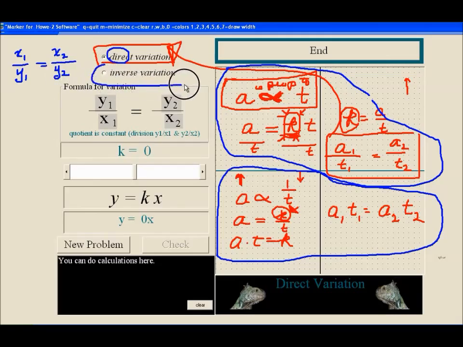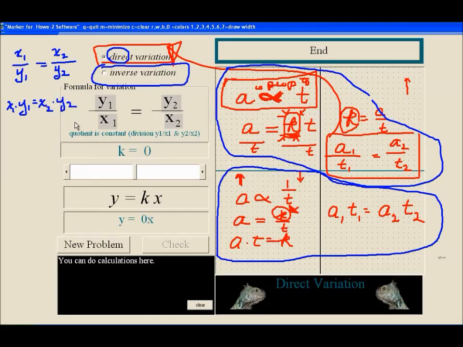And if you have inverse variation, you just say x in the first experiment times y in the first experiment equals x in the second experiment times y in the second experiment."